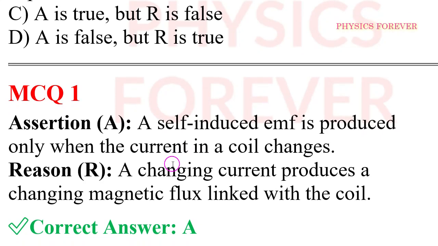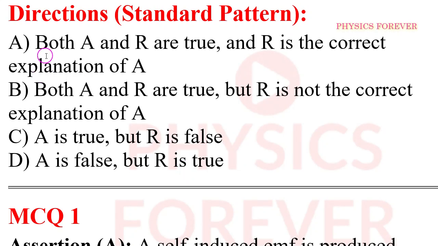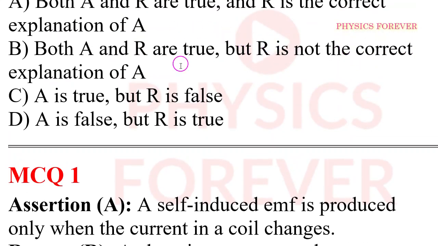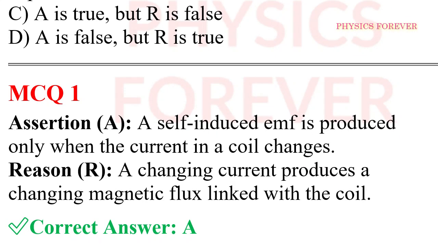We have already discussed every assertion and reasoning in the previous classes. Just go through them, take your own time, read both the assertion and the reasoning, and choose the best option.